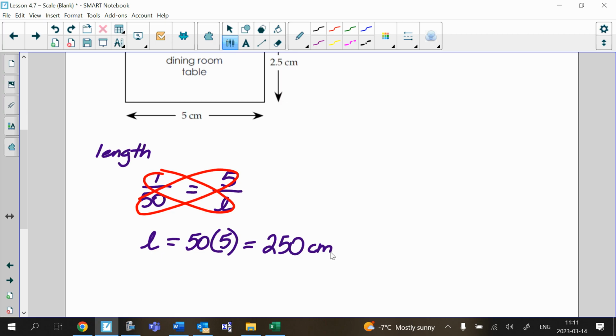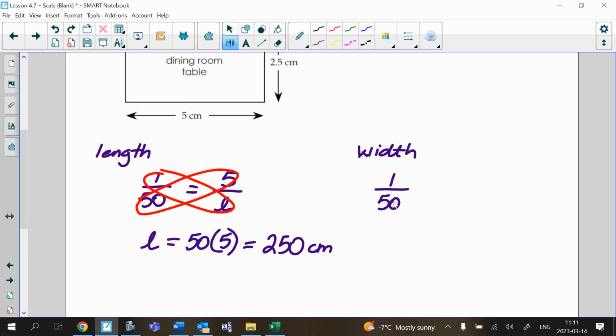Whenever you use a scale drawing to find out actual length or scale length, or whatever dimension you're asked, always set up a proportional equation. So for width, every 1 unit on the scale drawing represents 50 units in real life.